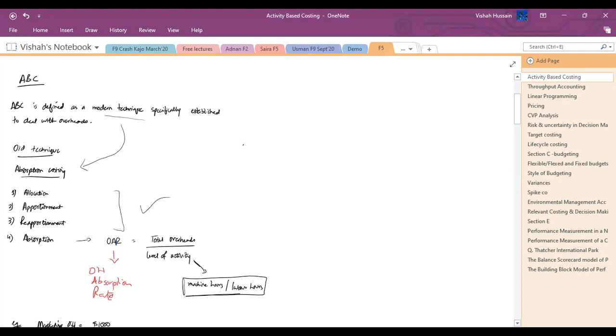The last step, that is your absorption, is the main issue. And why is it the issue? Because in absorption, you used to divide total overheads by a particular level of activity. Now, this level of activity could be machine hours, could be labor hours. And then you used to compute the overhead absorption rate for the company.